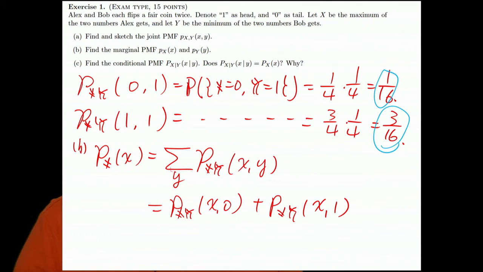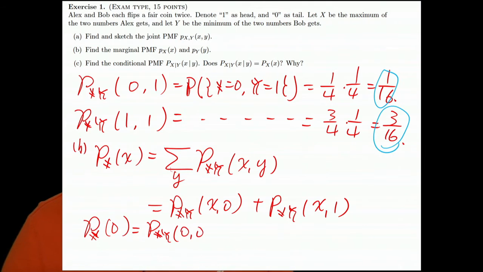So we also know that x is either 0 or 1. Now we have the PMF of 0, which is the PMF of (0,0) plus the PMF of (0,1), which will be 1/4.